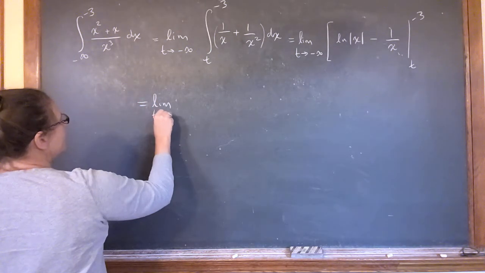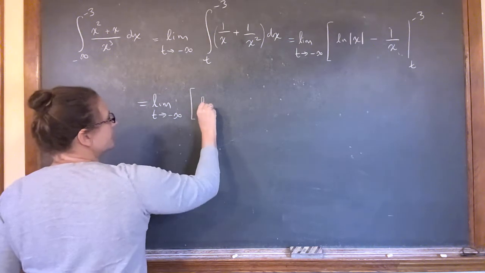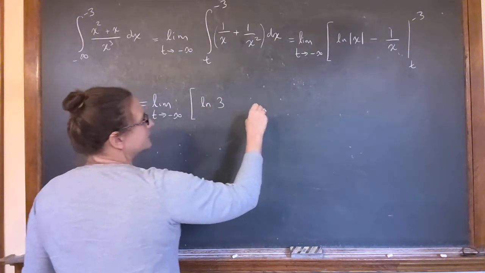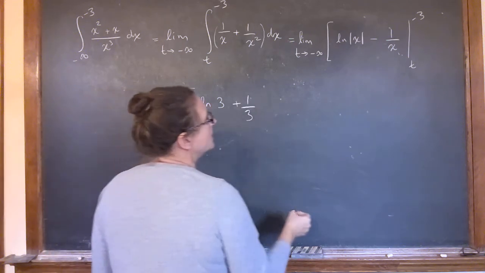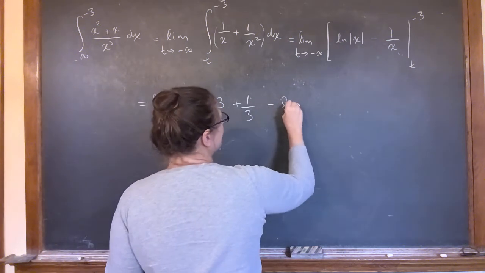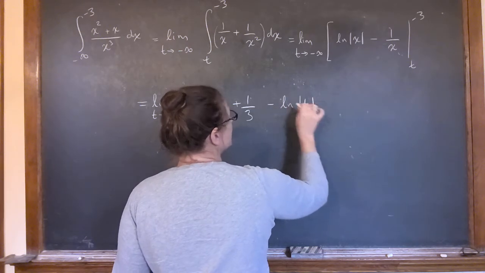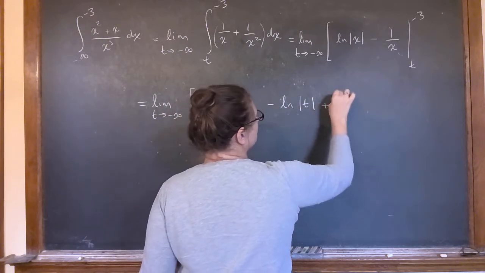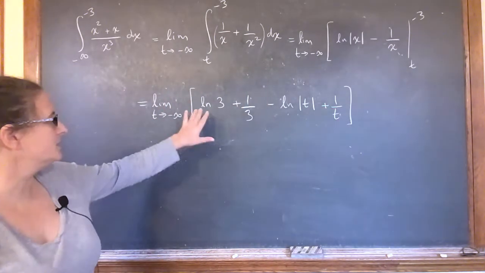So now if I evaluate this at those limits, I'm going to have natural log of 3 minus 1 over minus 3, and then minus natural log of absolute value of t, and then minus and minus is plus 1 over t. Okay. So now I've got some numbers here.